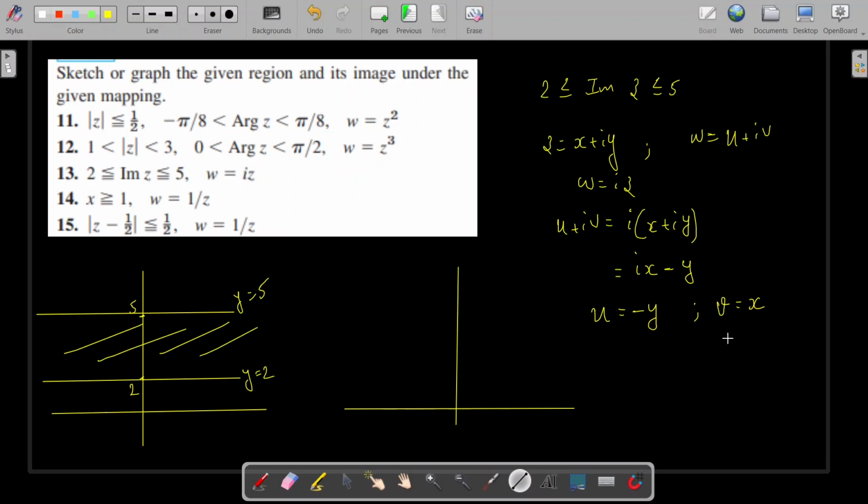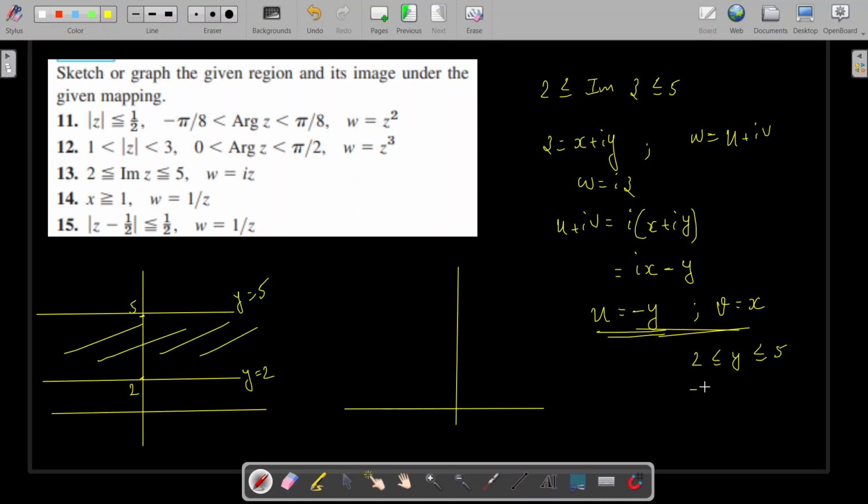So what happens to the points in the image? Here, under the map, u is equal to minus y and v equal to x. It is given that 2 less than or equal to y less than or equal to 5. So u depends on y here. We have to compare what happens to u with the corresponding change in y. So minus y is equal to u.